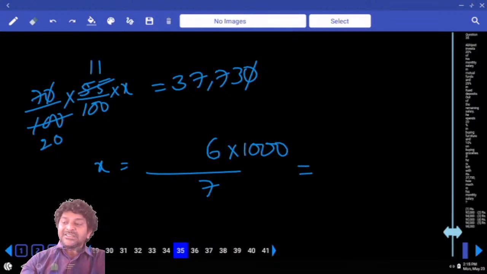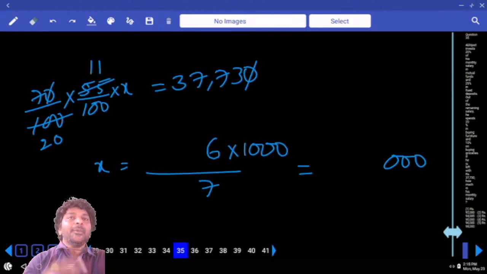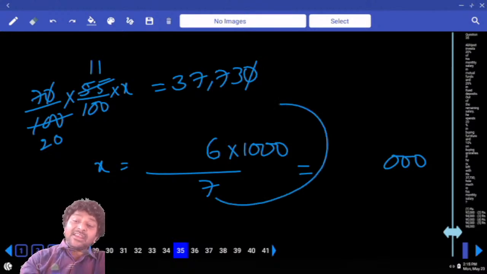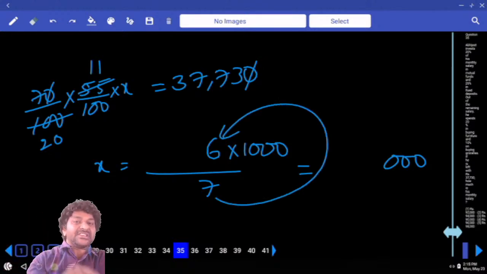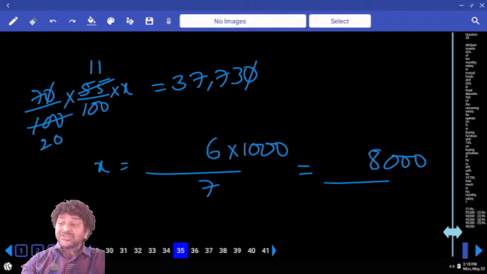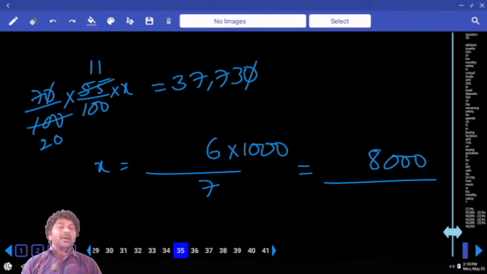So in final answer, it is very sure that you will get 3 zeros, correct? How many options are there? All are there. Next, 7 into which number ends with 6? That means your answer should end with 8000. How many options are there? You are done.